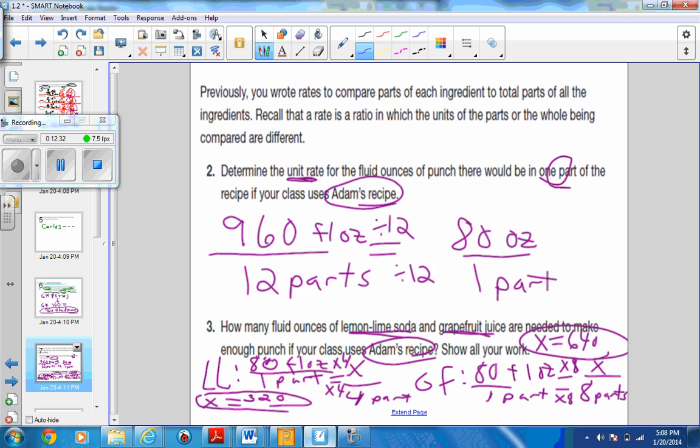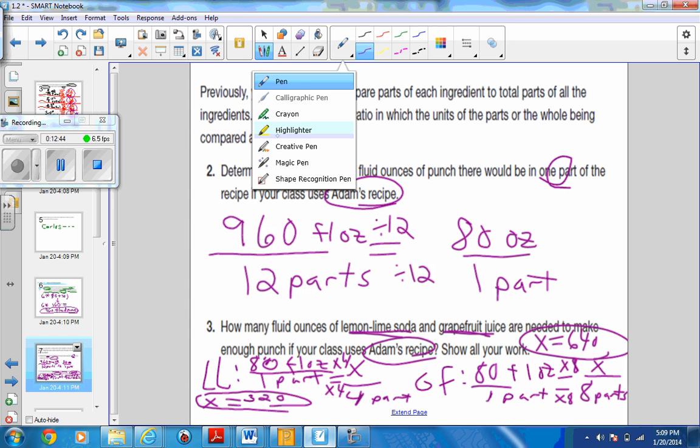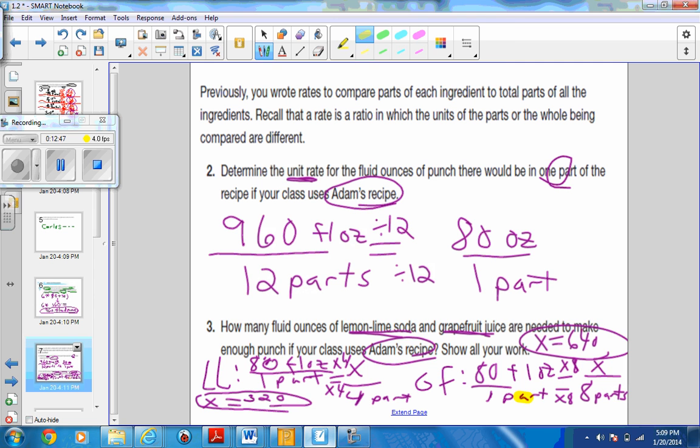Now go back and look at grapefruit. Now that's going from 1 part to 8 parts. So now we're going to multiply by 8. See how it's coming from 1 part, and it's going to 8 parts. So we're going to multiply by 8 in order to get that.